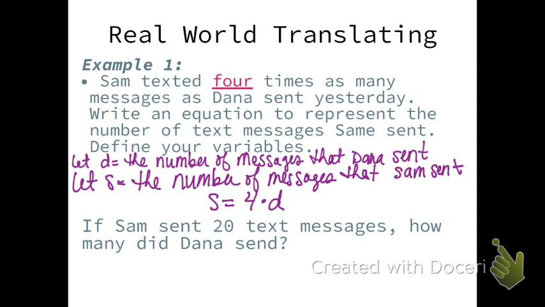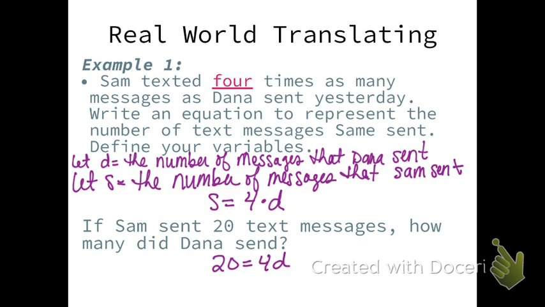Now the second part of the problem: I'm going to use that equation to figure out how many messages Dana sent if I know that Sam sent 20. So S is 20. That means I'm going to put in a 20 for the S and solve for D. Remember what you've learned in previous years, that if you're solving for D, you've got to use your inverse operations.